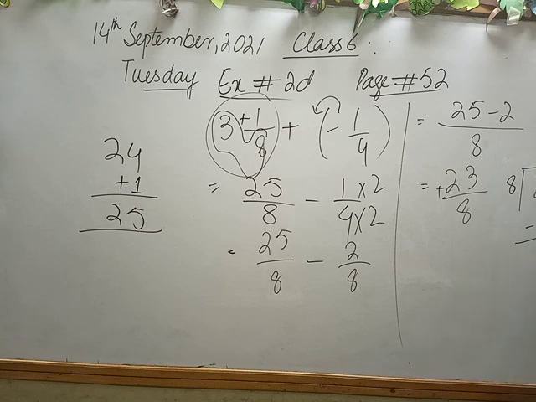Now 13 minus 6, which is 7. Fine. Now 7 is smaller than 8, so we will write in mixed form. We will shift 8 here, 7 here, and 2 at 8. So the mixed fraction will become 2 and 7/8.